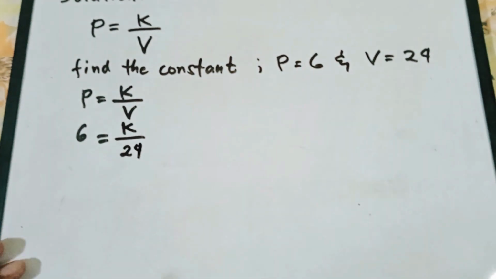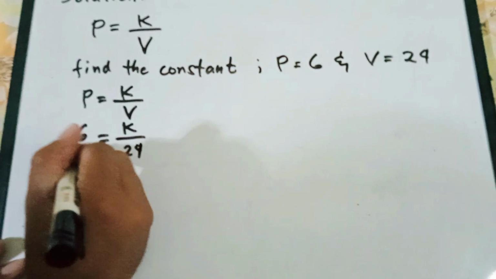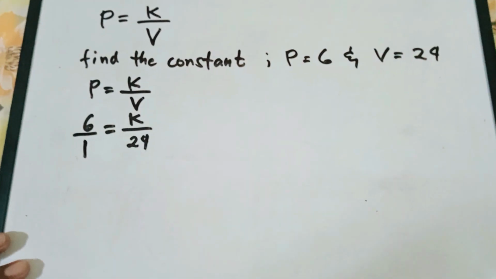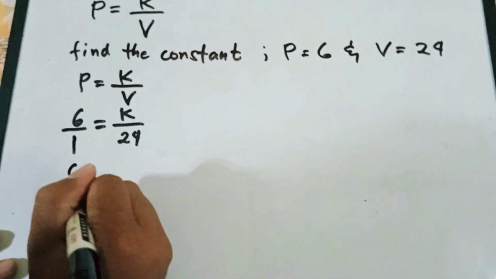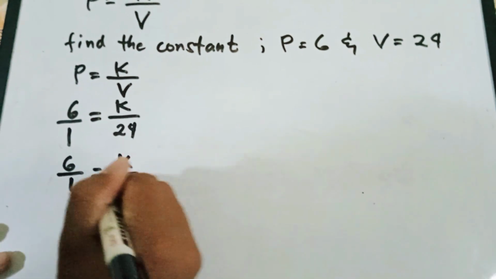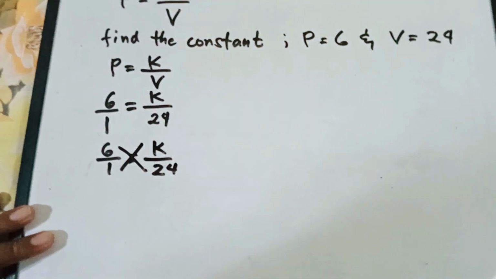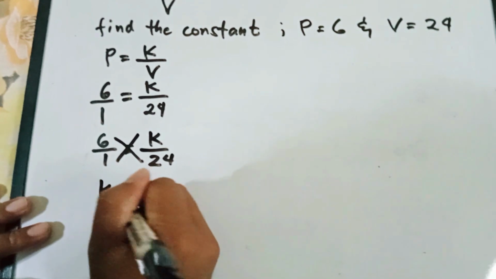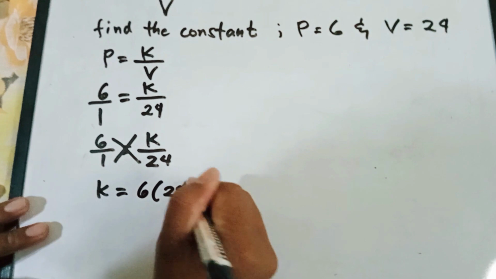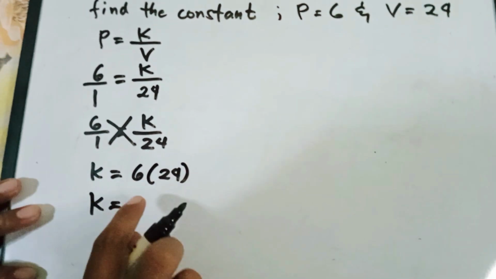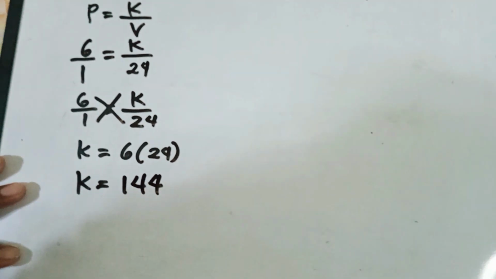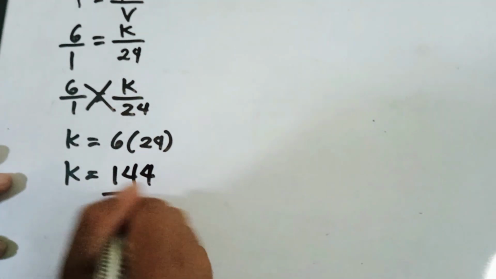Tapos, whole number, tapos ito fraction, gawin natin pareho silang fraction. Mag-create tayo ng denominator na 1. So we have 6 over 1 equals k over 24. Cross multiply. 1 times k, so we have k equals 6 times 24. So k is equal to 144. Ito yung value natin na constant.